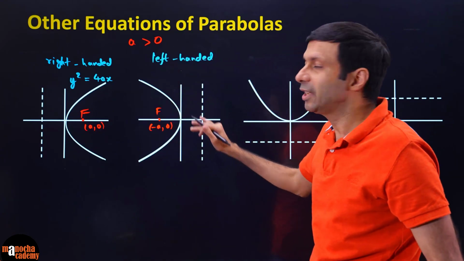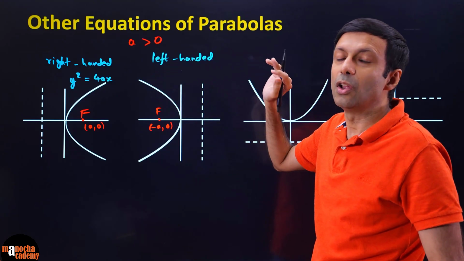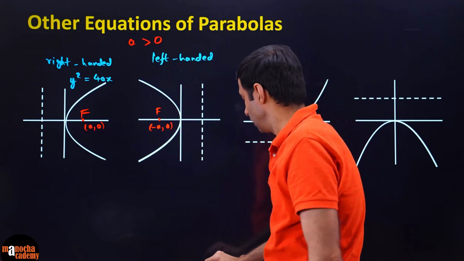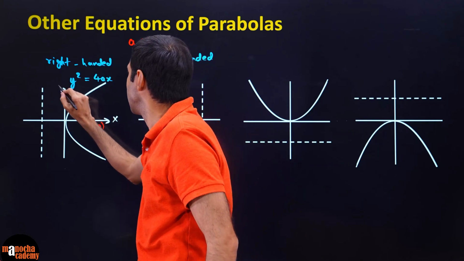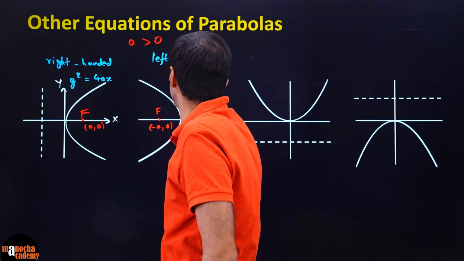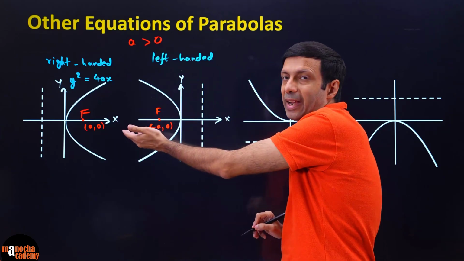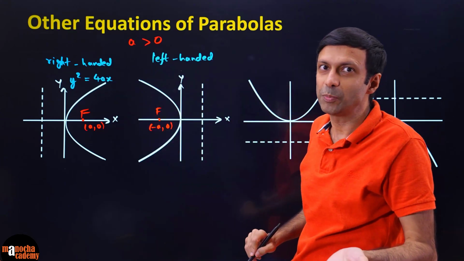Now for this parabola, will this equation y square equal to 4ax be correct? No, because here all the x values are negative. Remember, these are the coordinate axes: this is your x-axis, your y-axis. So here all the x values will be negative, but y square is positive, because the square of a number is always positive.